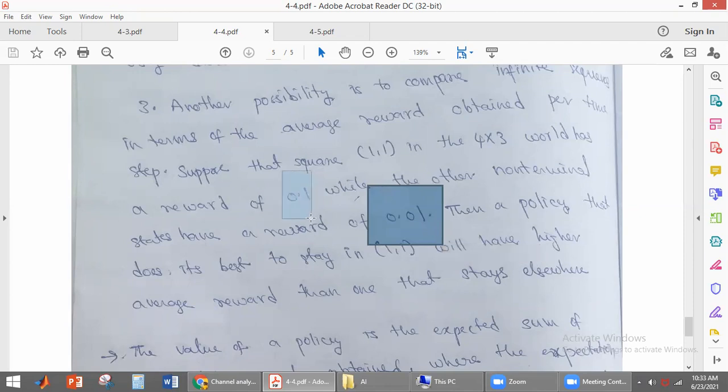Since 0.1 is higher than 0.01, the agent wants to always stay in the state where it is receiving the maximum reward. So whatever policy the agent is generating, it is always trying to reach the state where it is receiving the highest reward. In 1 comma 1 it is receiving the highest reward, so the agent wants to stay in that state only.